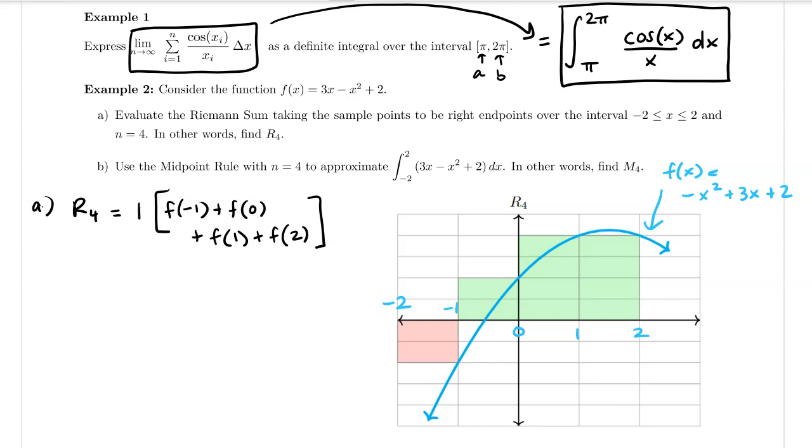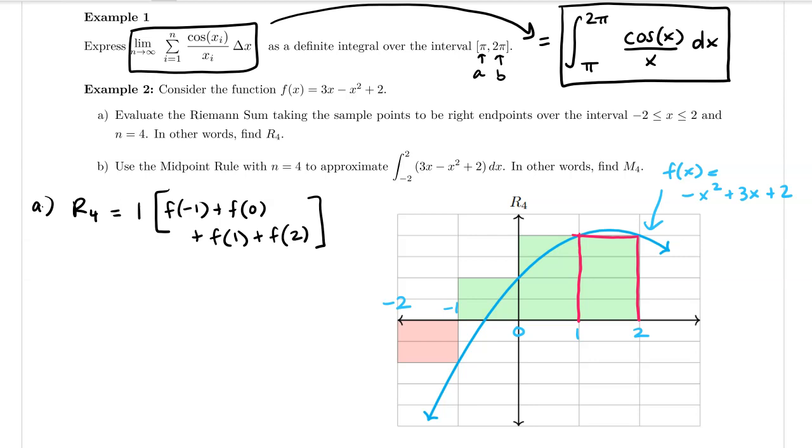So that's a downward facing parabola, and we want to estimate the area underneath the curve. So for my first rectangle on the right hand side, I'm going to create the height by using f of 2. And so if I do that, it stops there, and there is the height of my first rectangle.